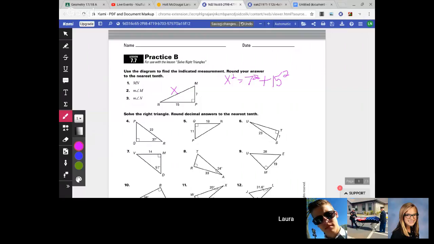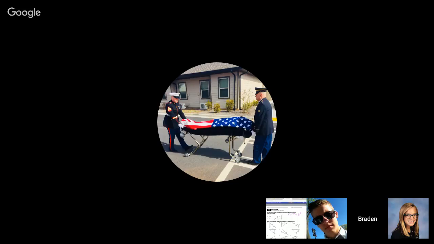So 49 plus 225, and the square root of that.